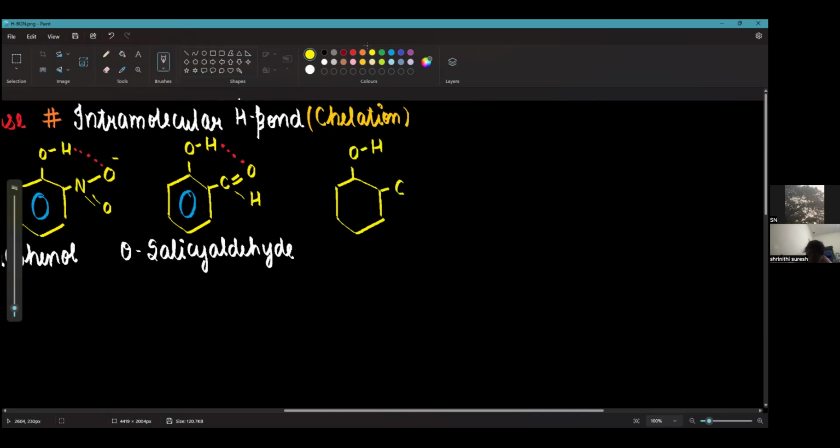Then C double bond O OH. So this also forms intramolecular hydrogen bonding. See, hydrogen goes and forms a bond with a very highly electronegative atom like fluorine, oxygen, or nitrogen. And this compound is called orthosalicylic acid.